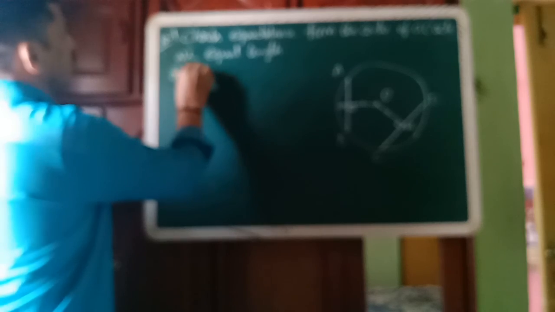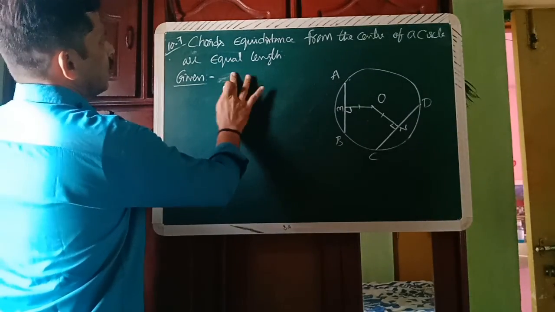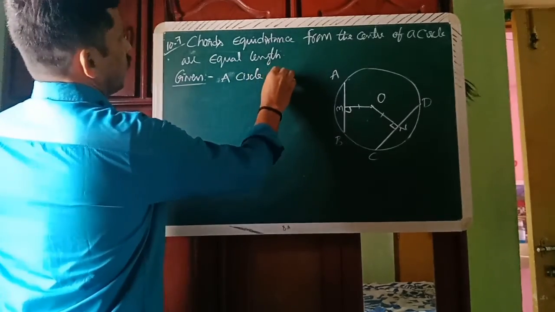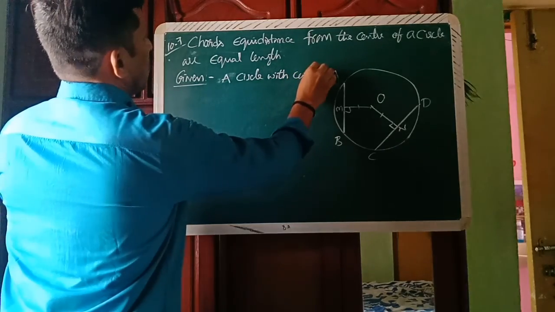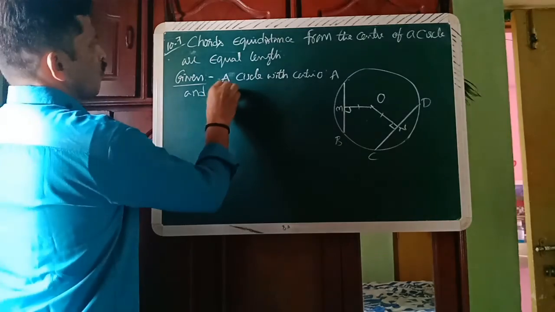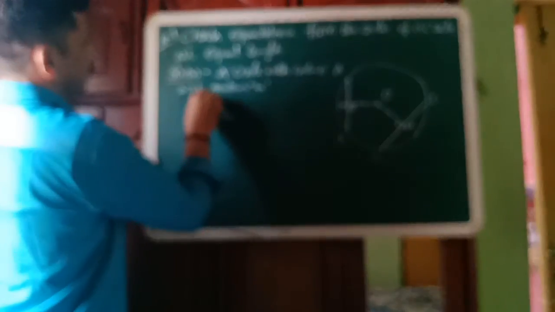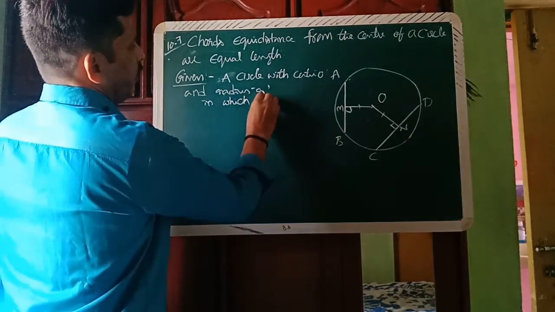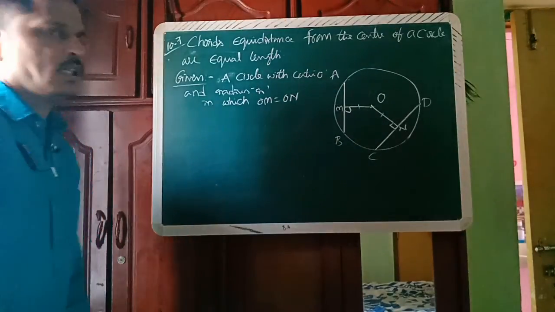So given a circle with center O and radius R, in which OM is equal to ON.